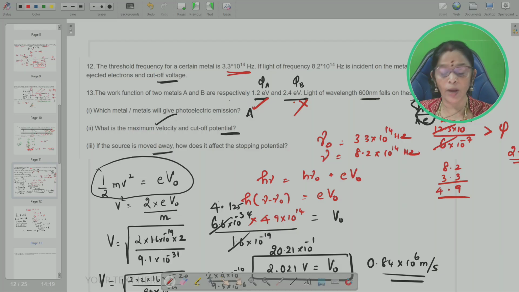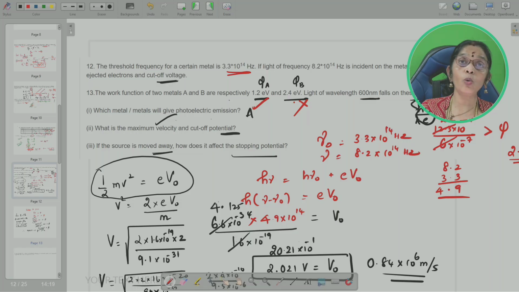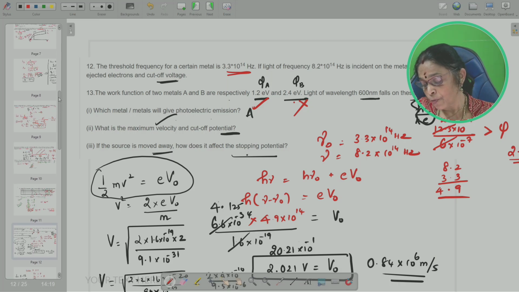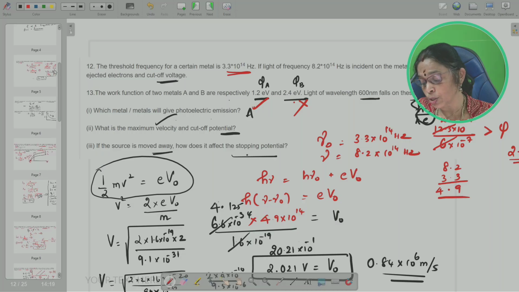If the source is moved away, how does it affect the stopping potential? Children, if the source is moved away, what will happen to the brightness? What will happen to the intensity? The intensity reduces. And if the intensity reduces, photocurrent reduces, but nothing to do with stopping potential, because we have already seen that the frequency only is directly proportional to stopping potential.